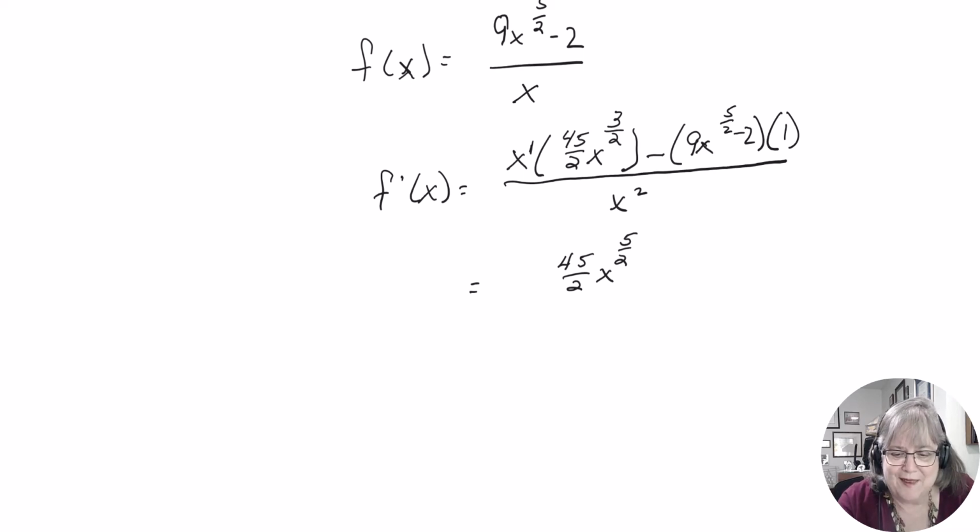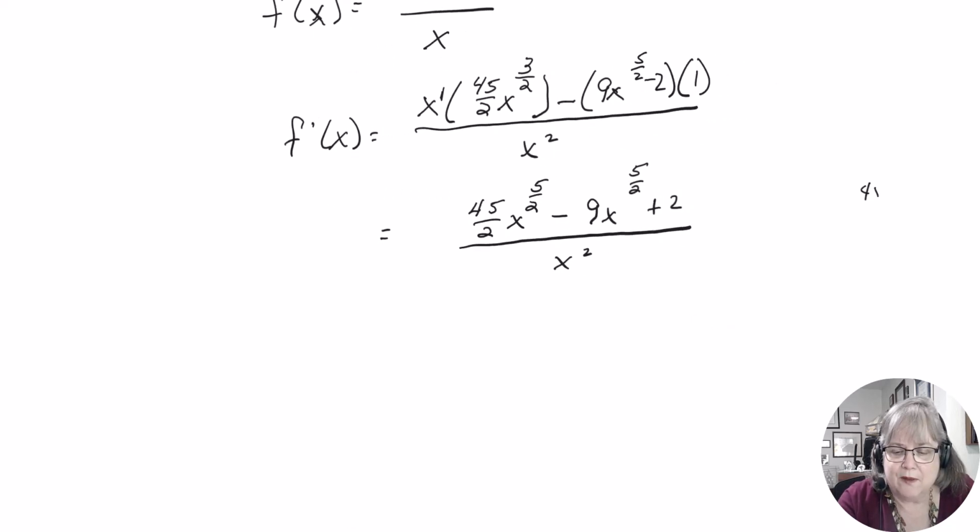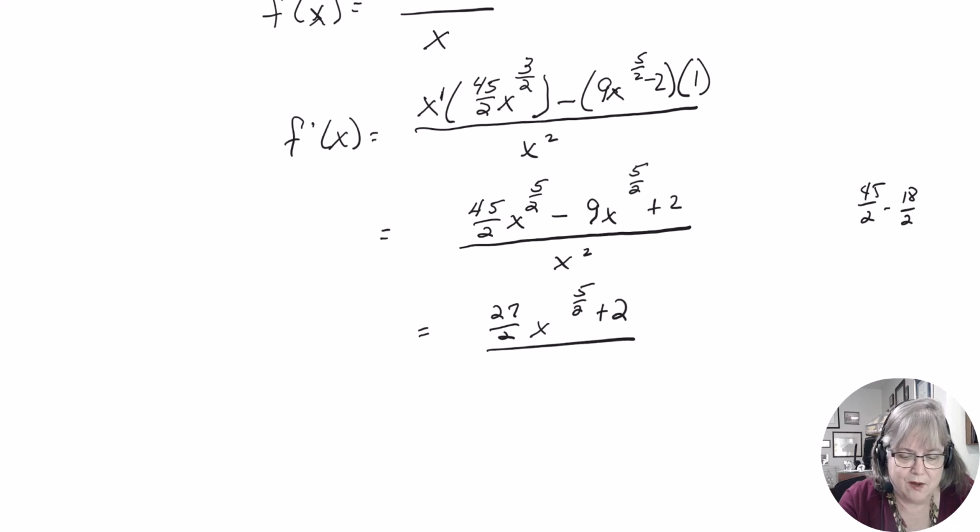Okay, all right, minus 9x to the 5 halves times 1, and minus a 1 is plus 2. So 45 halves minus 9 is 45 halves minus 18 over 2, right? So this turns out to be 27 halves x to the 5 halves plus 2 over x squared.